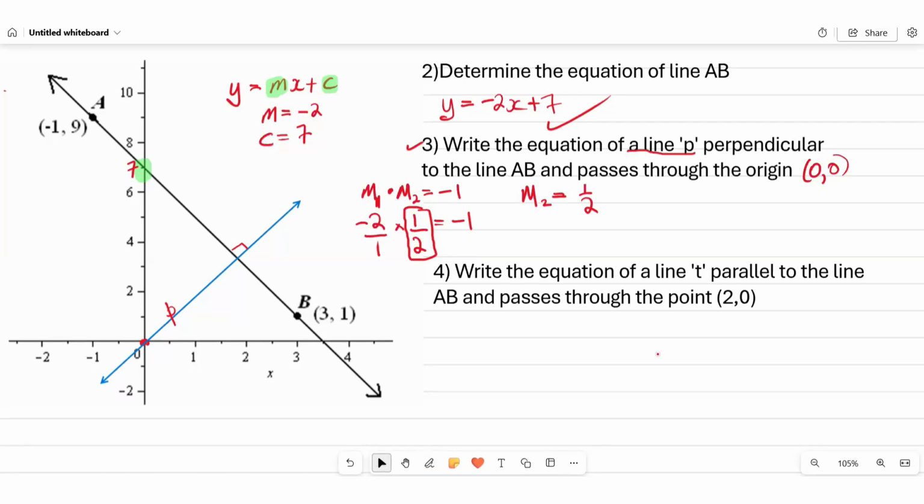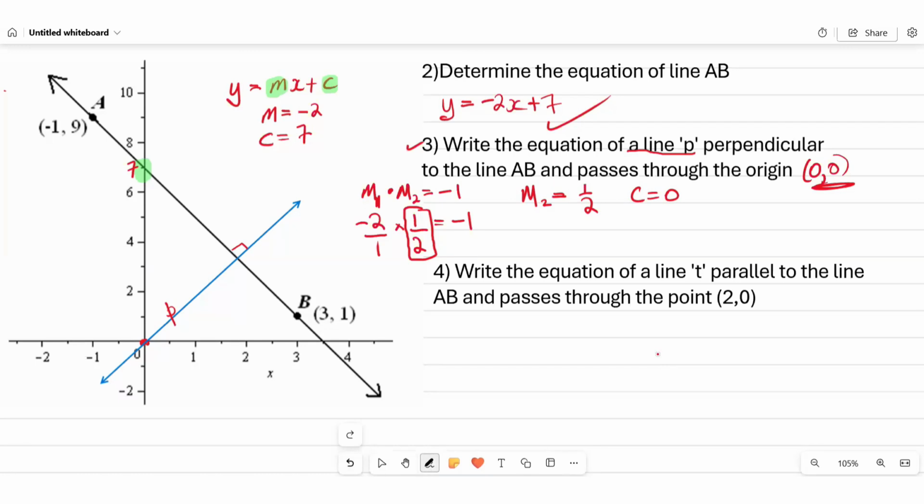And guess what? They did say that it passes through the origin. If it passes through the origin, it means the y-intercept is actually 0, because that's (0, 0). So this is the y-axis and it touches it at 0, which means we don't need to work this out.